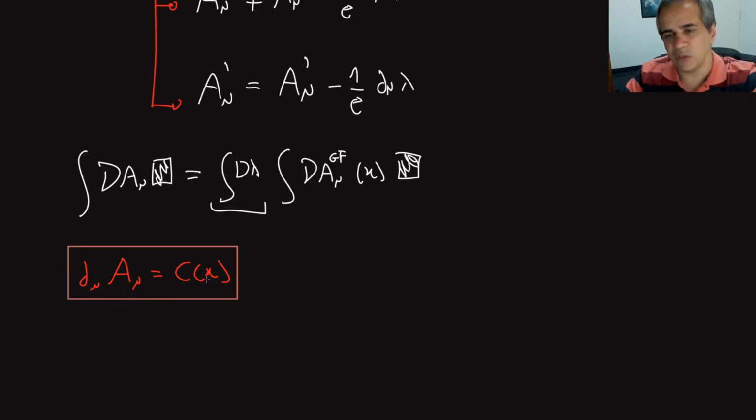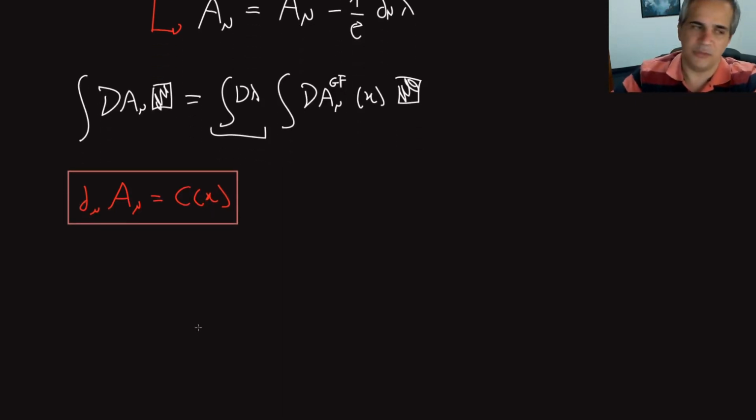And the conditions we were using before are included here because I just have to take this c function equals 0, right? And now I have a c of x that can be anything. And I'll keep that general in this way, and then I can choose different gauge fixings by choosing different c's.